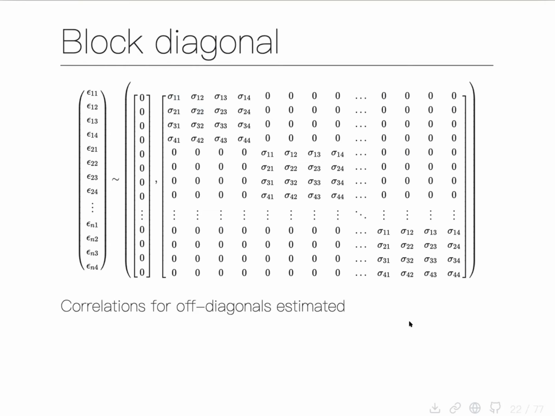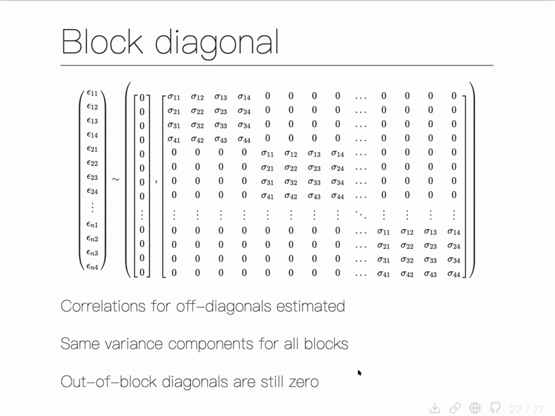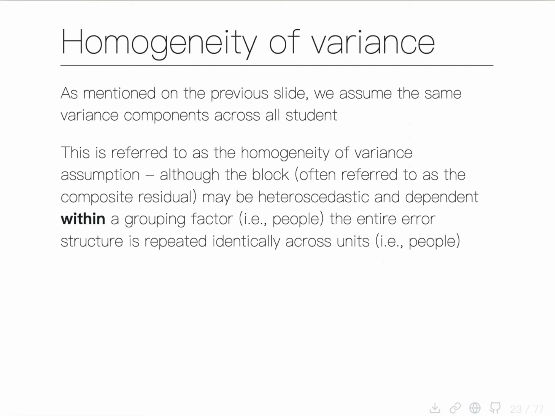Okay, and so all of this is review anyway, but same variances for each block. The off diagonals from those blocks are still 0, but those correlations within a block are estimated now. Okay, so because we have that same block structure for all participants, that's what's known as the homogeneity of variance assumption.